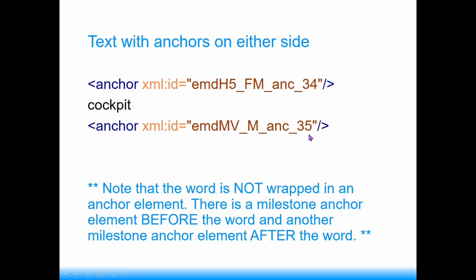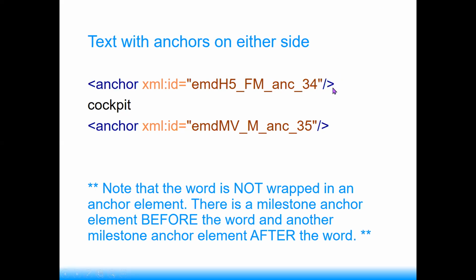But what I want you to notice at this point is that this word cockpit is not wrapped in an element. We're not actually saying anything about the word cockpit here. All we are doing is dropping a milestone element before and after the word. These are self-closing elements.